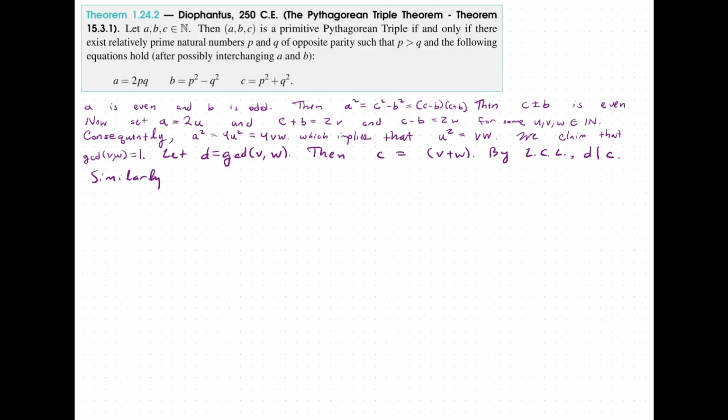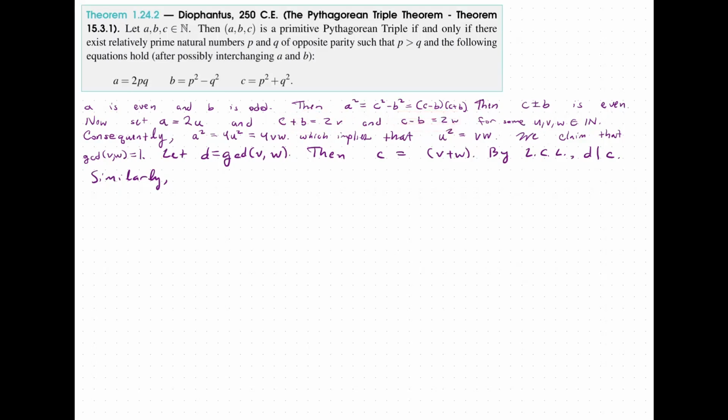So similarly, now we are going to subtract the equations. So we're going to take this here and subtract it from this equation.